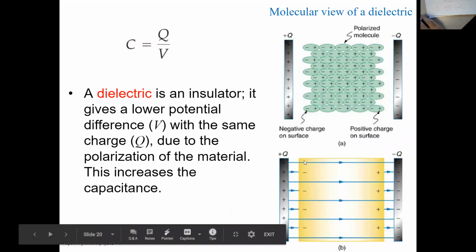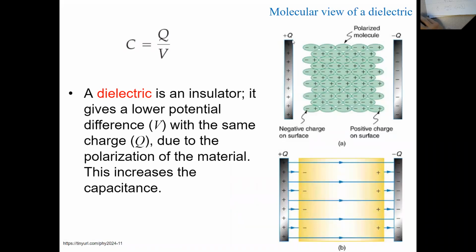If you place an insulator in between the plates, then you'll see the molecules of the insulator will rearrange because of the electric field produced by these two metal plates. They redistribute, and the electric field lines go from positive to negative, and this will cancel out some of the electric field after the molecules are reoriented.